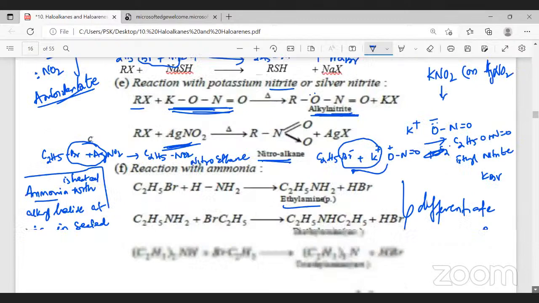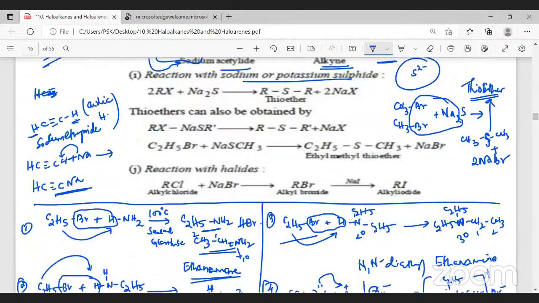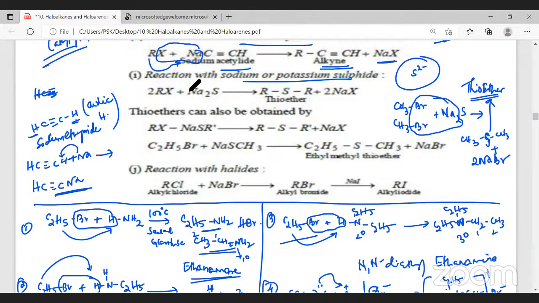Here, if the functional group is sulfur, then it is called a thioether. So the reaction with sodium or potassium sulfide gives a thioether. Thioethers can also be obtained by the reaction of alkyl halides with NaSCH3, sodium sulfur and an alkyl group. NaBr gets eliminated, and you will get an alkyl group, sulfur and an alkyl group, such as ethyl methyl thioether.